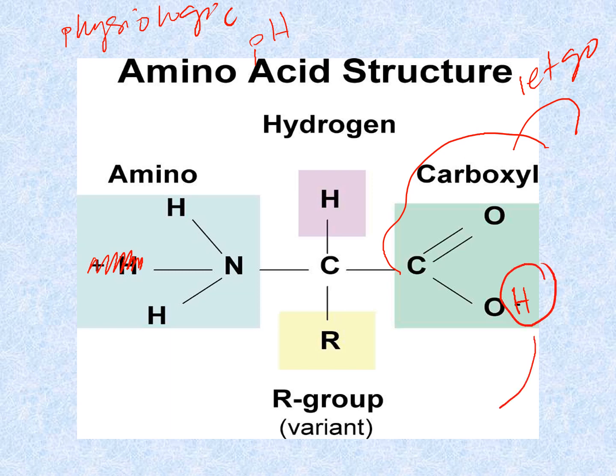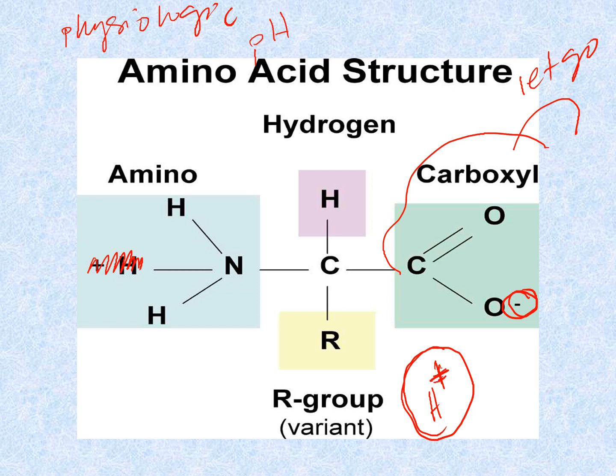It lets go of the hydrogen atom, so the hydrogen atom will be floating around in the solution. Now, once the hydrogen atom leaves, the carboxyl group will carry a negative charge. Why? Because your hydrogen atom is a positively charged molecule.